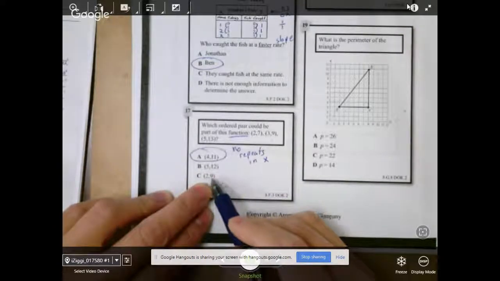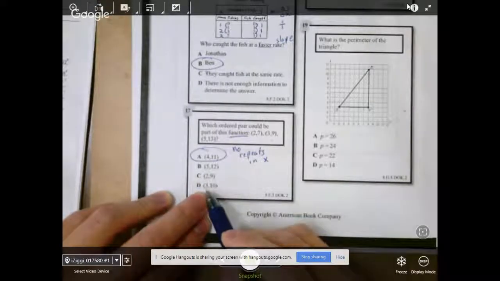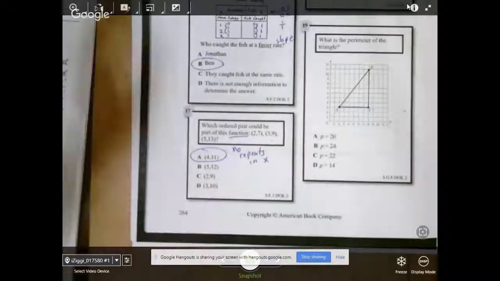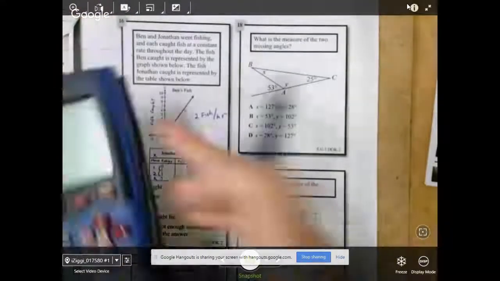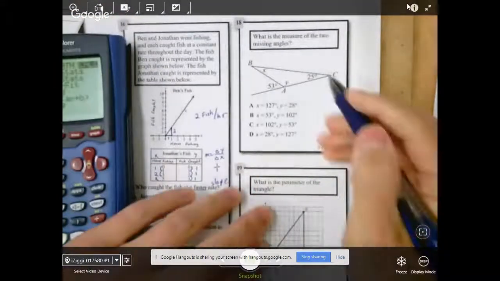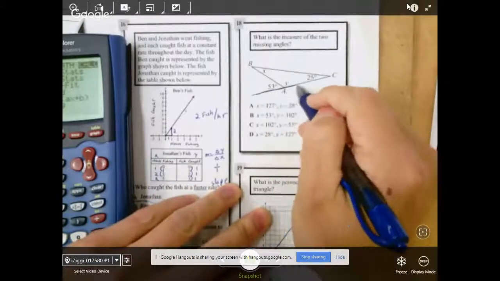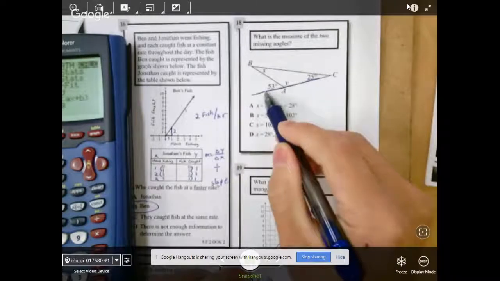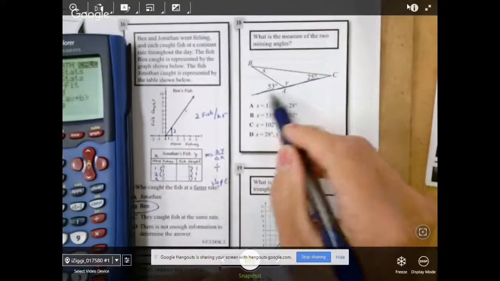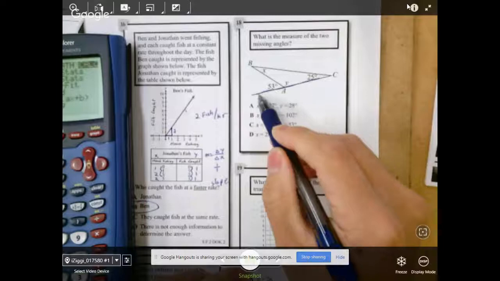Okay, number 18. All right, so for 18, this is a line. So for this line, the degree measure is 180. If that entire line is 180, it's split by this line to make 2 angles.